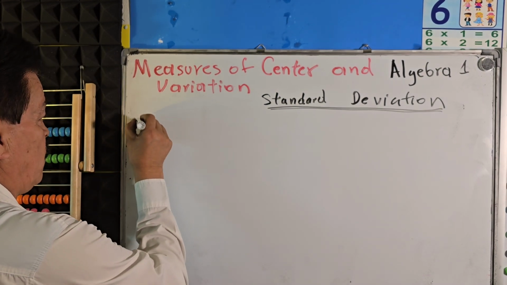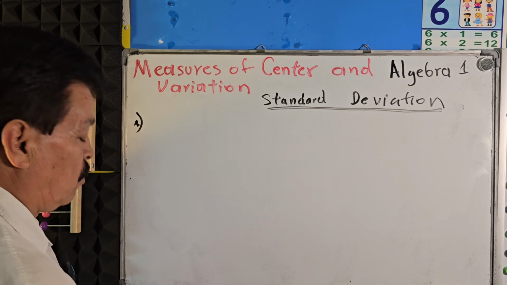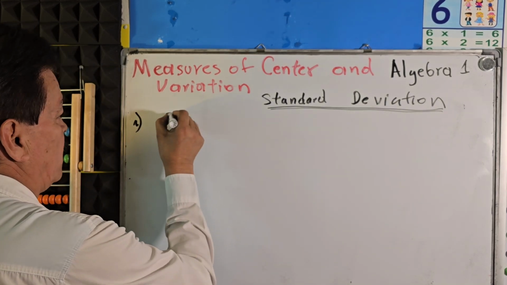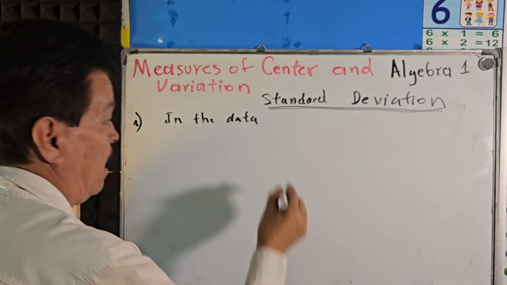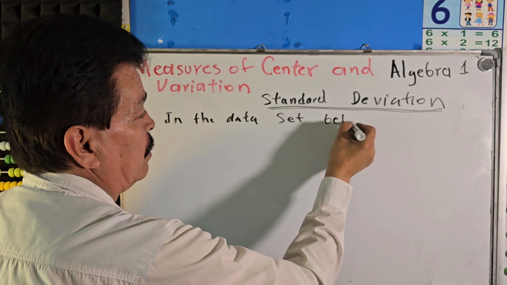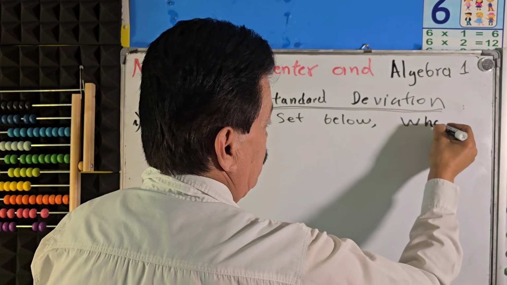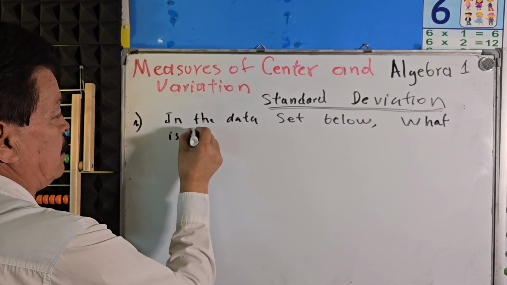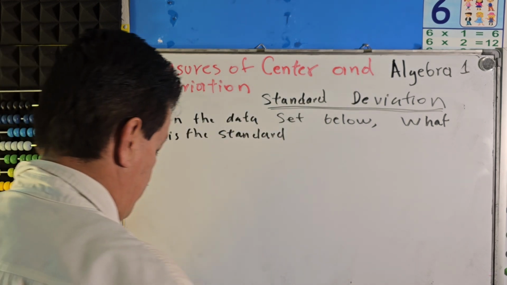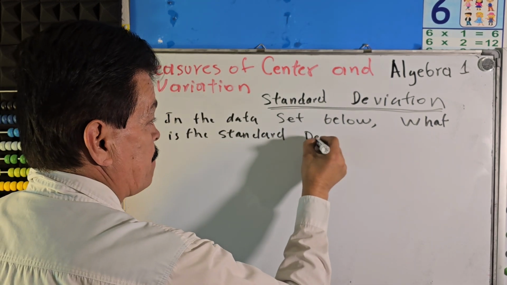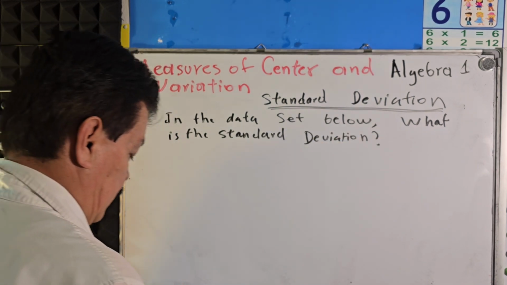So the question here, I will write the problem and then solve the problem with this topic. So in the data set below, what is the standard deviation?